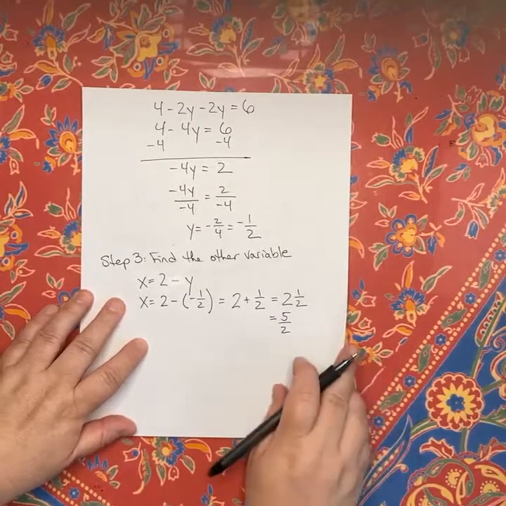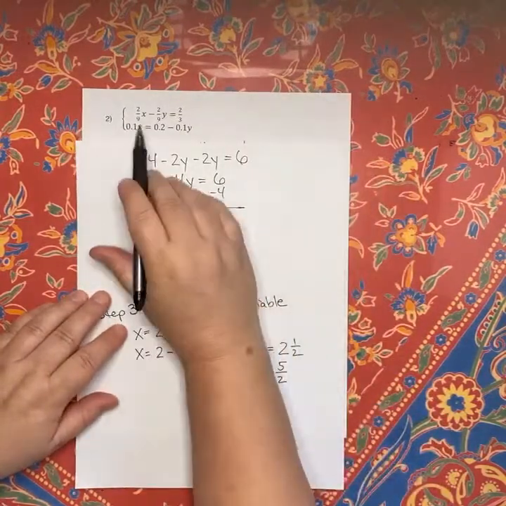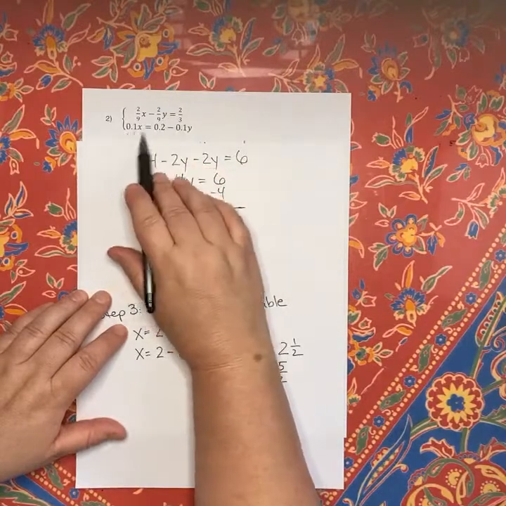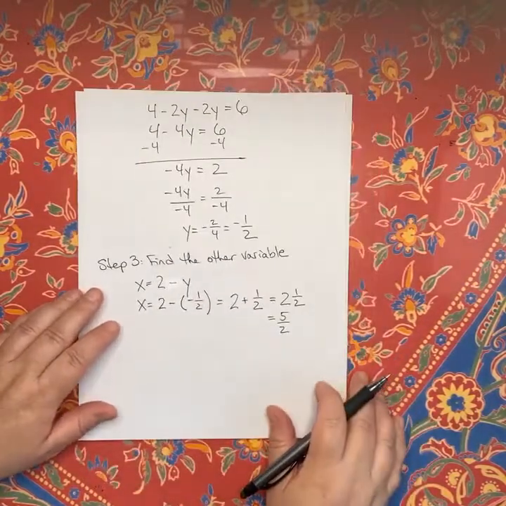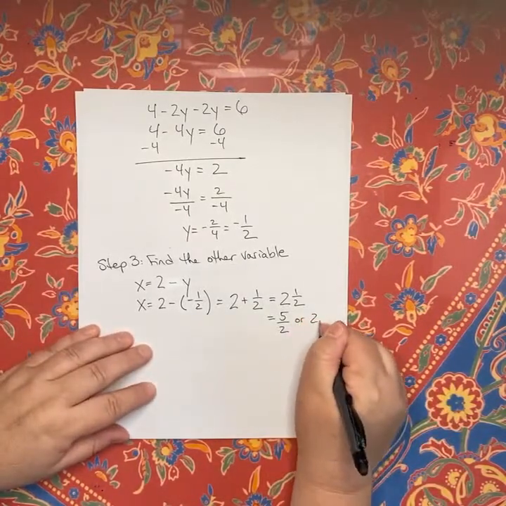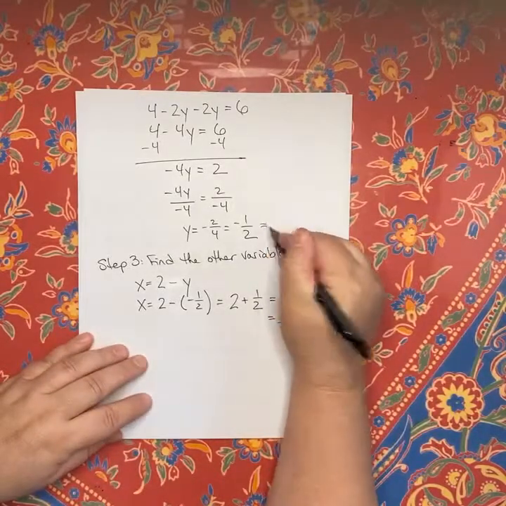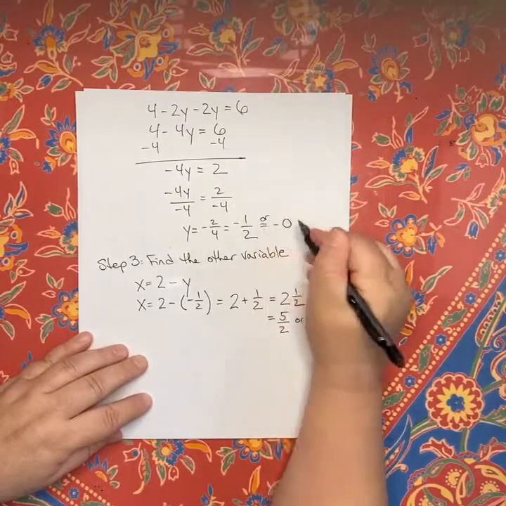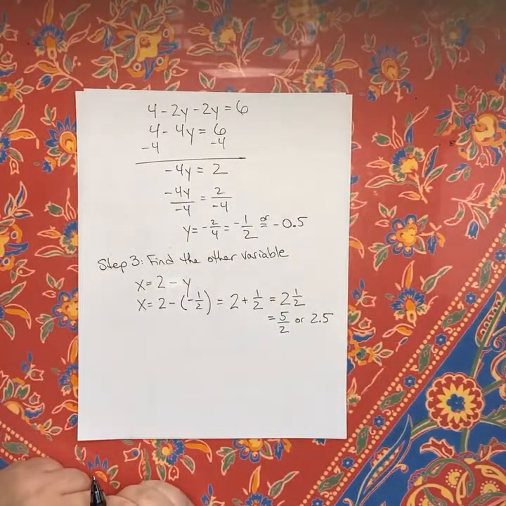And here's the thing, let's look back at the original problem. The original problem is written both with fractions and with decimals, which means your answer could be in either form. You get to choose. So you could say 2.5 instead of a fraction. And in fact, this could be -0.5, if that makes sense.